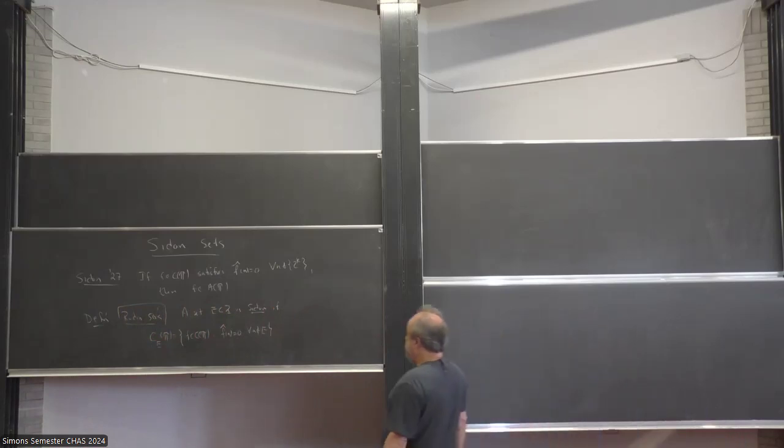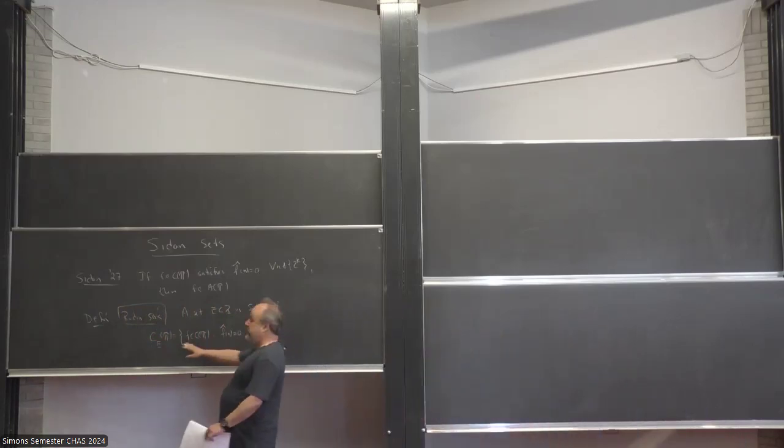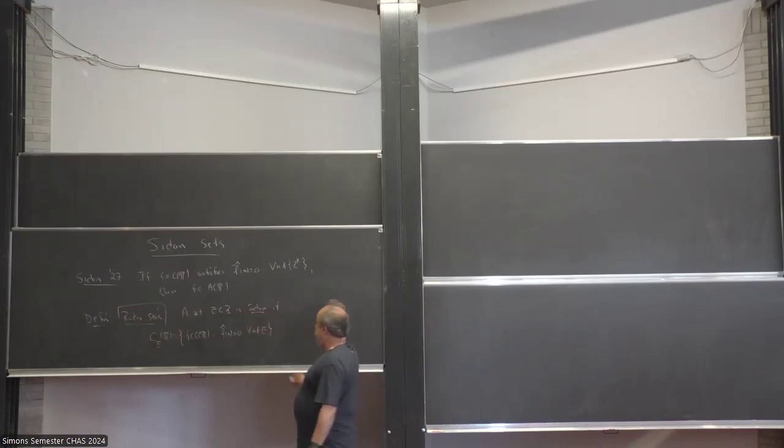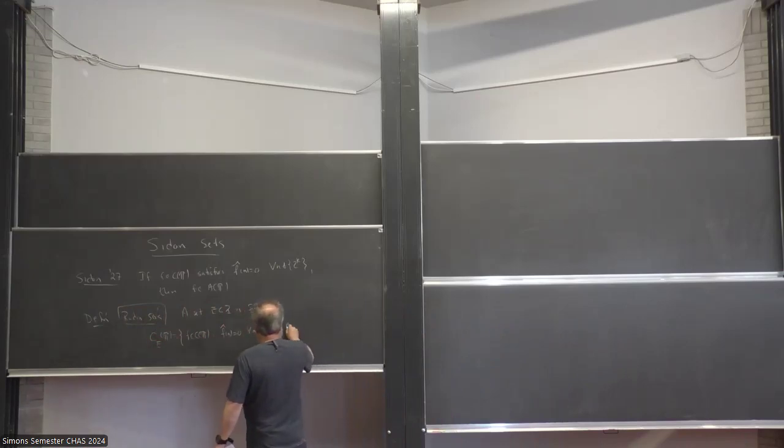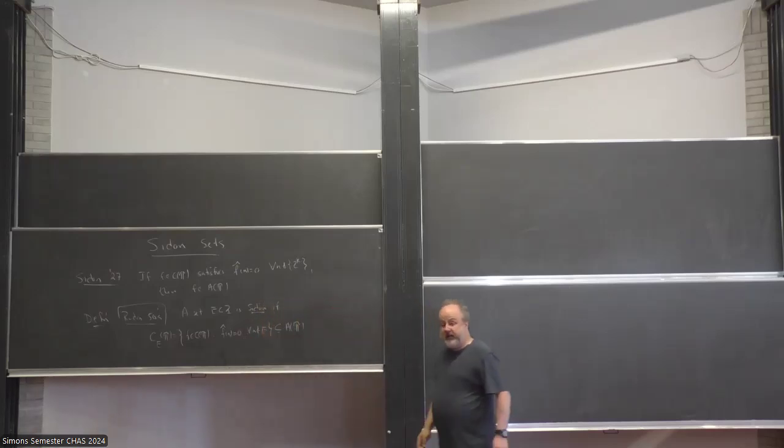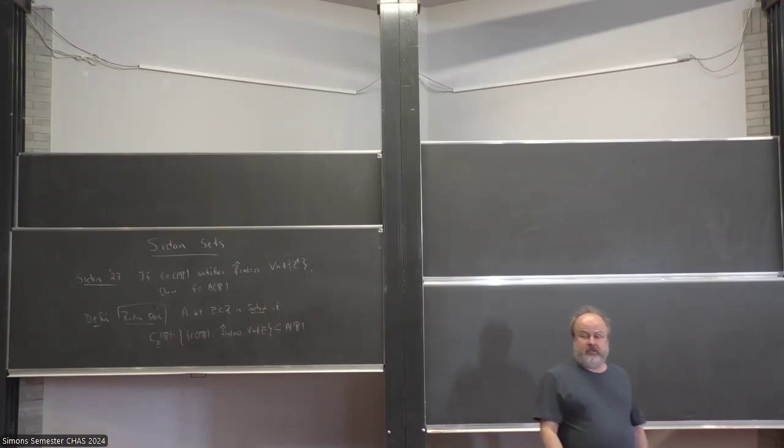You can check it's a closed subspace, and this is a Banach space under the L infinity norm. And if every such function automatically has an absolutely convergent Fourier series, that's what he calls a Sidon set.